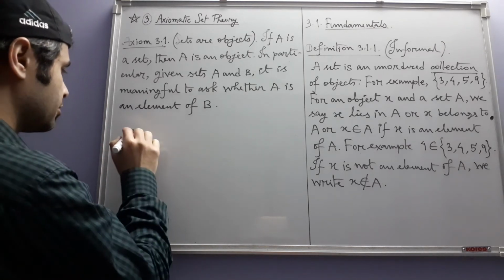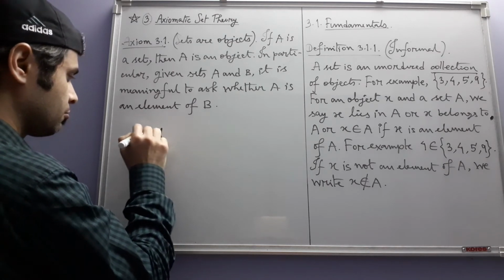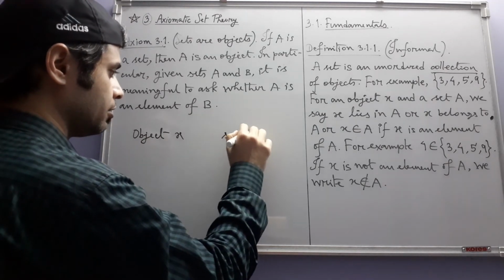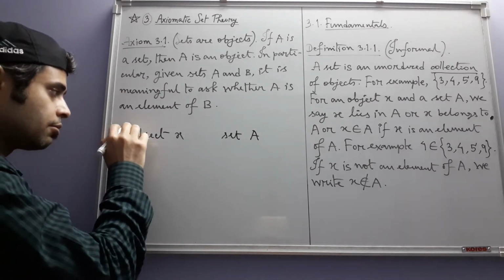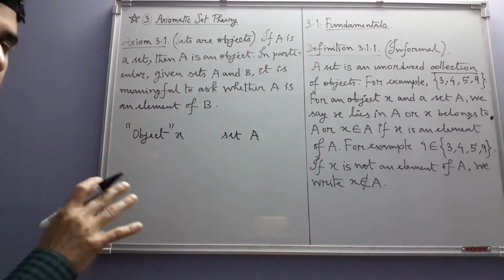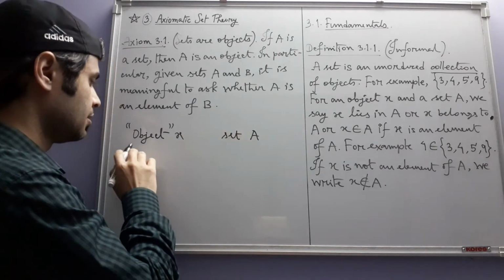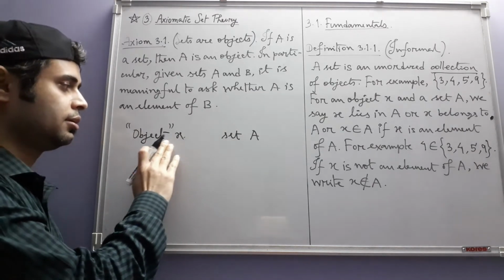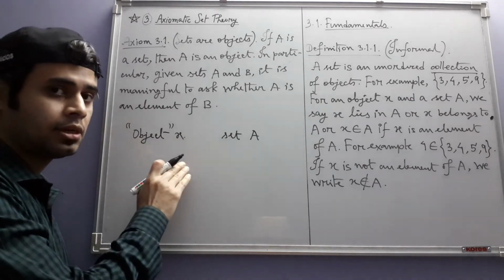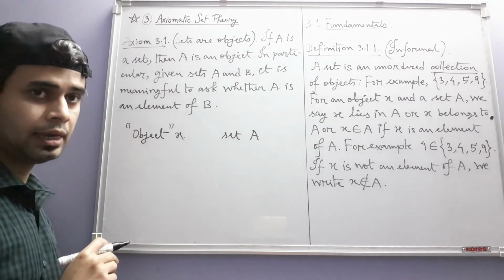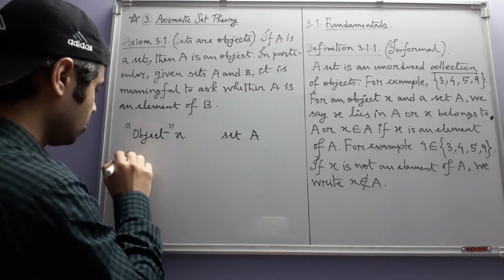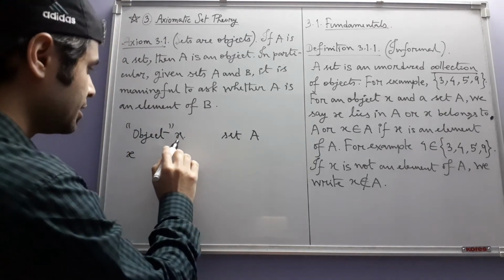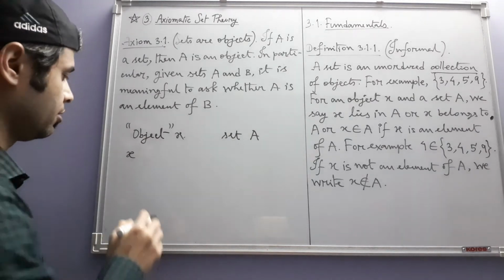Suppose we have an object X and we have a set A. When we see the word object, as we are discussing something about sets, we have to understand that the use of the word object in this context is that any object has the potential for being an element of a set A. Okay, so that means I am allowed to ask the question whether X is an element of A or not.